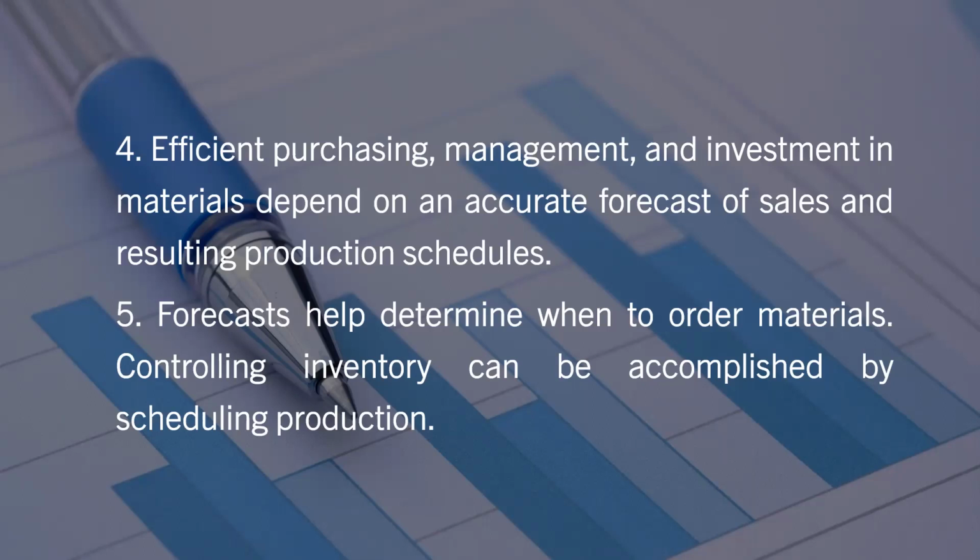If we know the demand for our product, we know how many to produce and when to produce. If we know that already, we also know how many materials to purchase and when. So when you purchase materials, you have a basis for doing so. The basis of purchasing materials is production, and the basis of production is the forecasted sales. That's why forecasts help determine when we order materials.